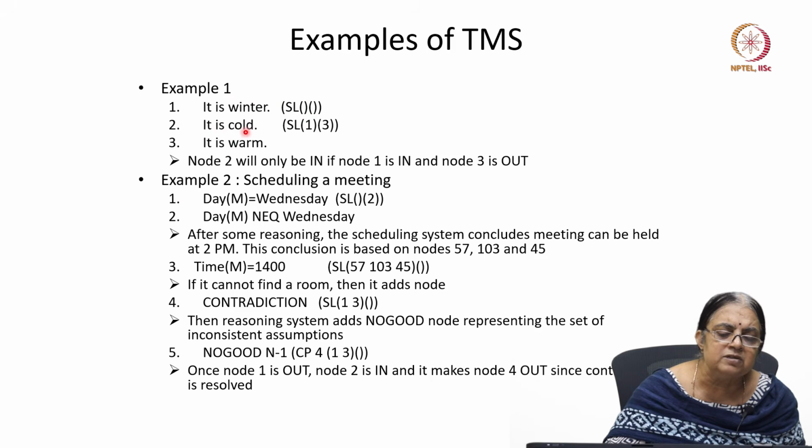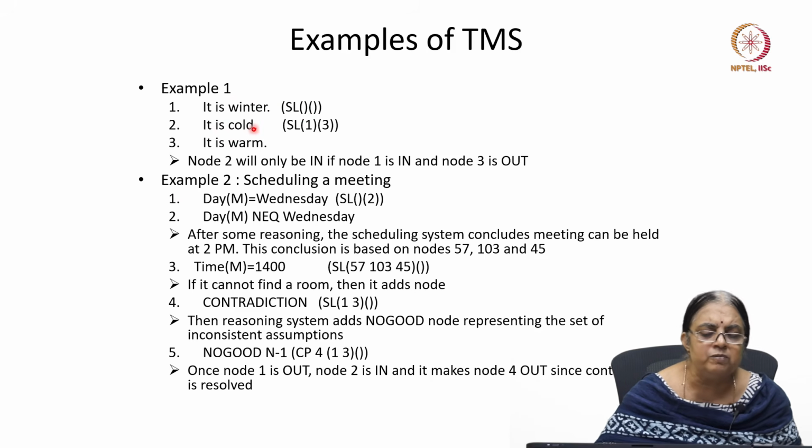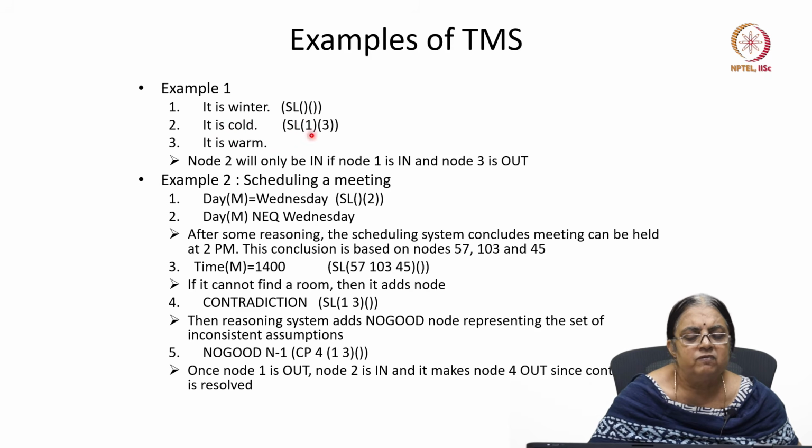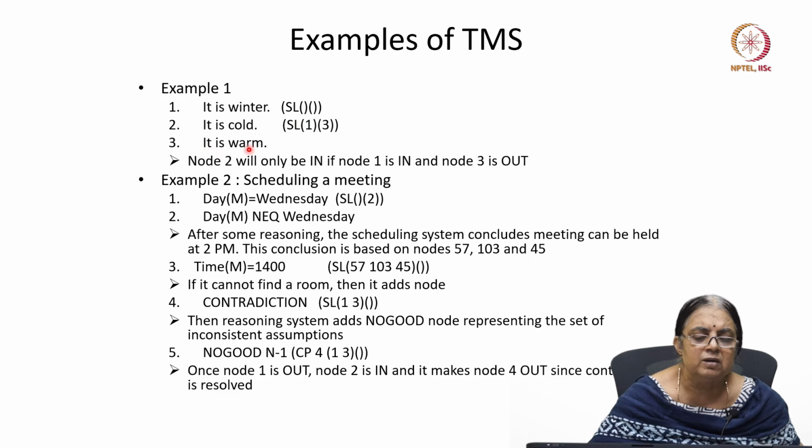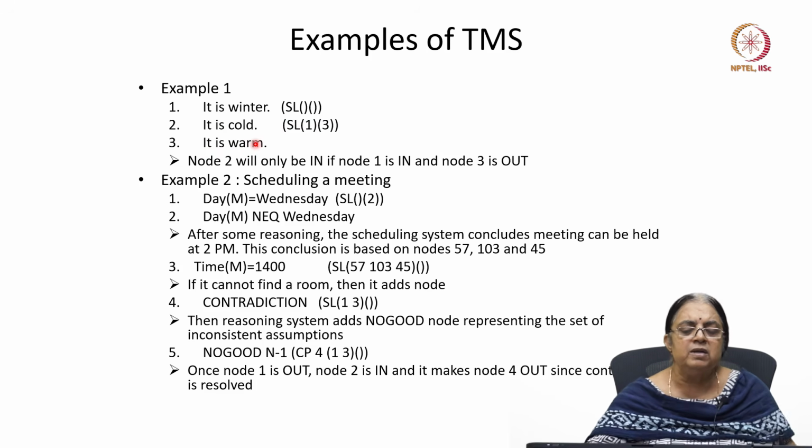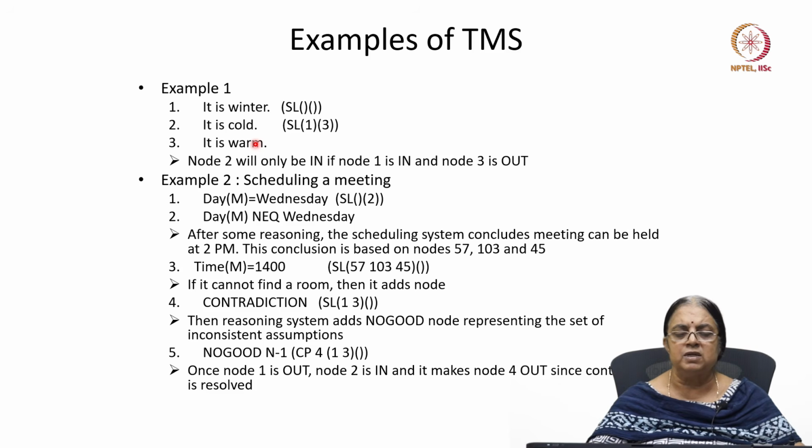The second statement says it is cold, and it will be true if 1 is in and 3 is out, right? The 3 says it is warm. So node 2 will be in if node 1 is in and node 3 is out, basically.